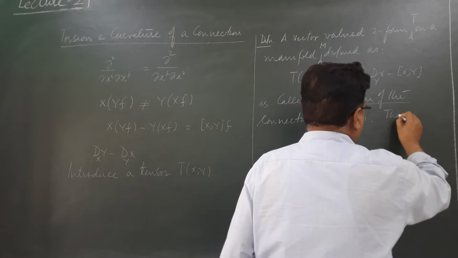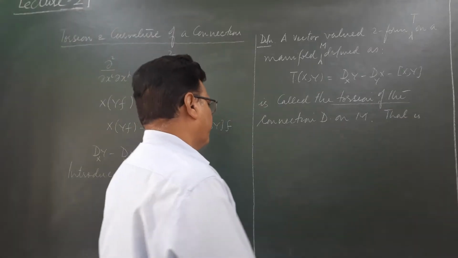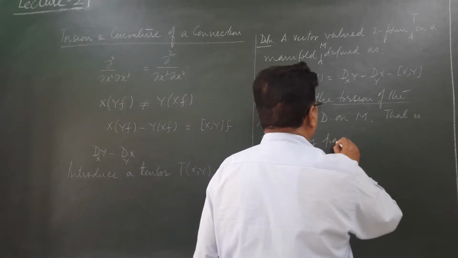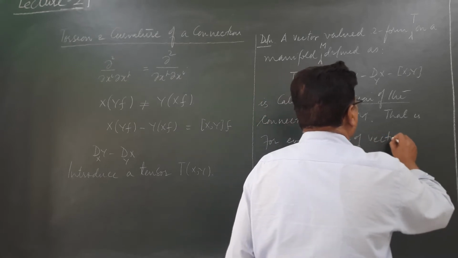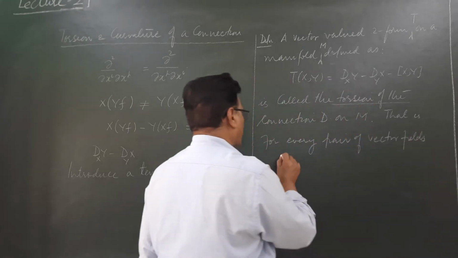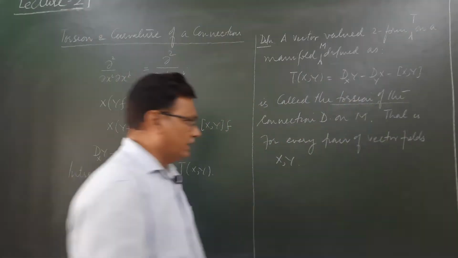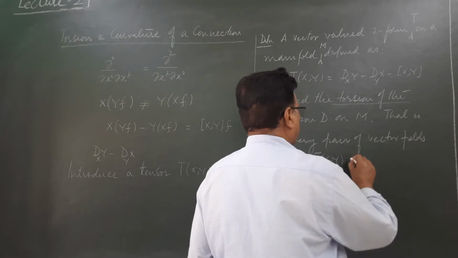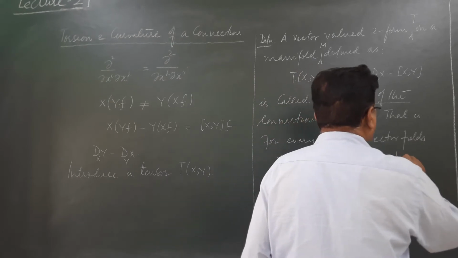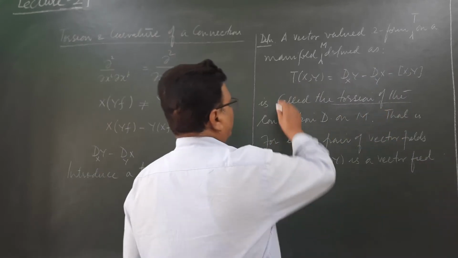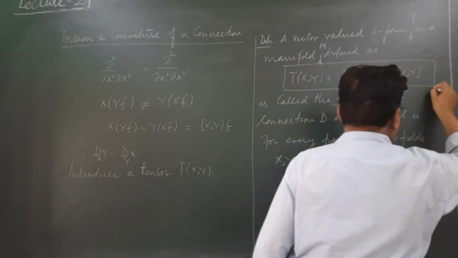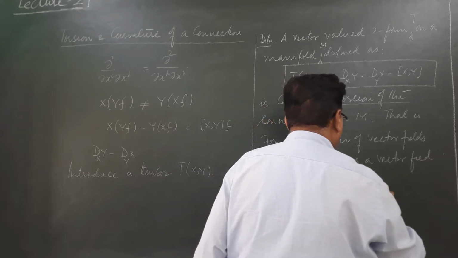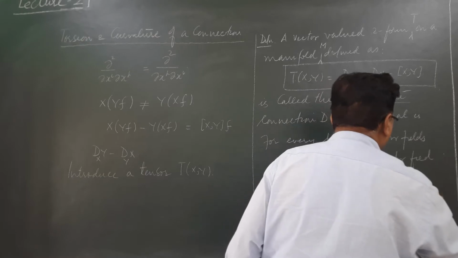So what I am saying is that for every pair of vector fields x, y, the torsion T(x,y) is a vector field, defined by the above formula.